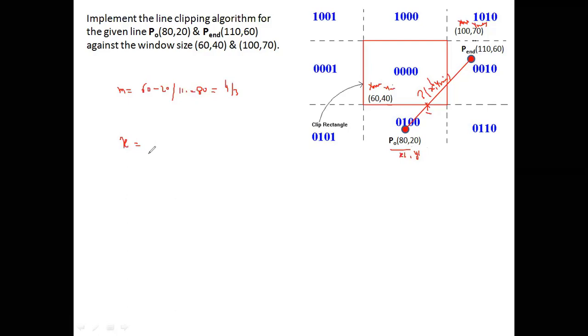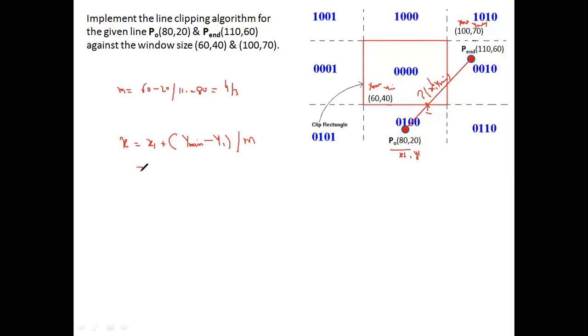So x value will be x1 plus, m, times, y min minus y1, divided by m.